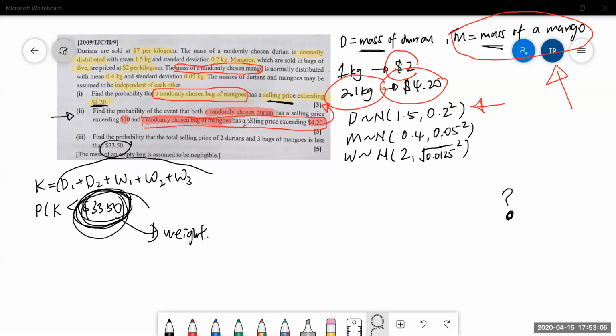But in your school's solution, they converted all this distribution to dollars instead. So if you look at the first part or the second part, you'll see that they converted 1.5 kg in terms of dollars.